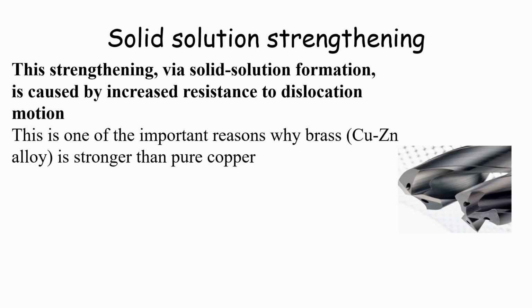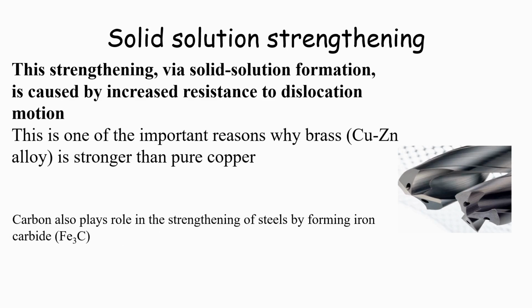And another example that we can think of when we talk about solid solution strengthening is jewelry materials. Pure gold and silver are very soft and malleable, and to make the jewelry material a little bit harder, we add copper to the gold and silver in jewelry to maintain the shape.